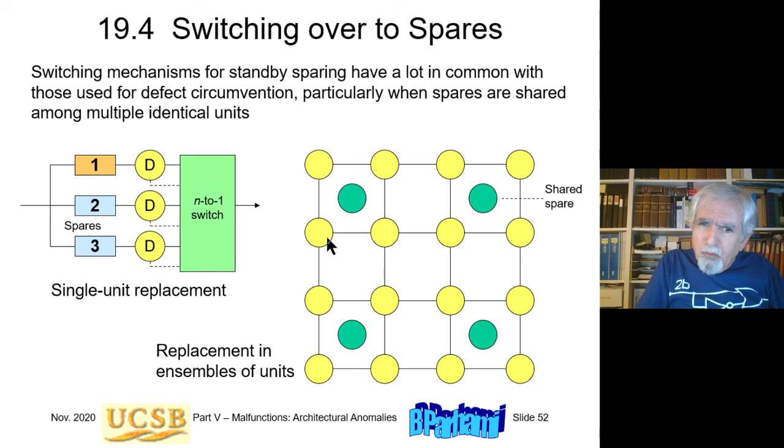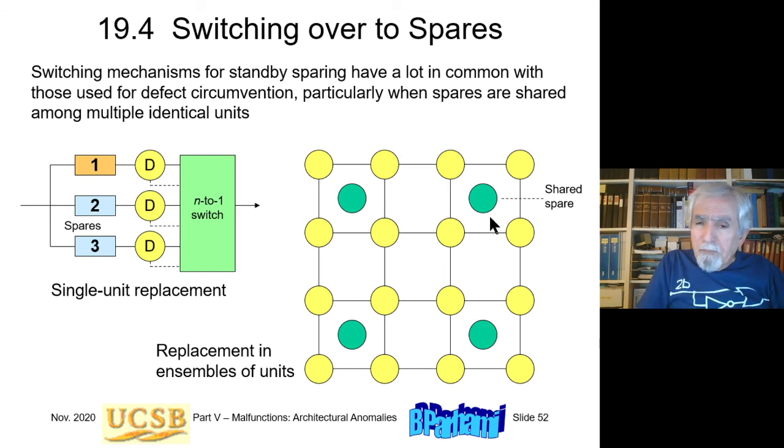So as long as only one of these units malfunctions, this spare unit can take over, and so on. So it's much less redundancy. There are only 4 spares for 16 units. Okay, so it's only 25% redundancy rather than 100% for one spare.